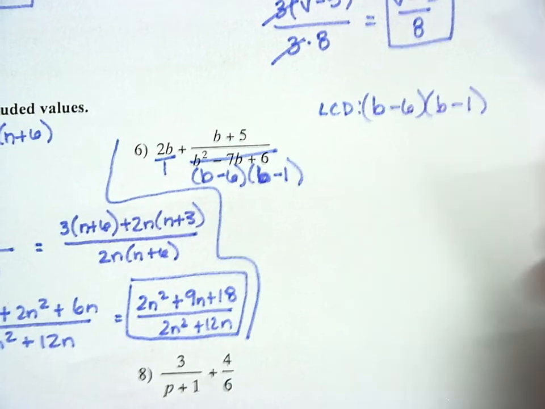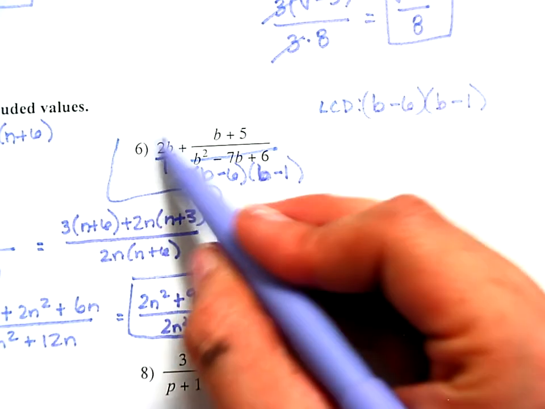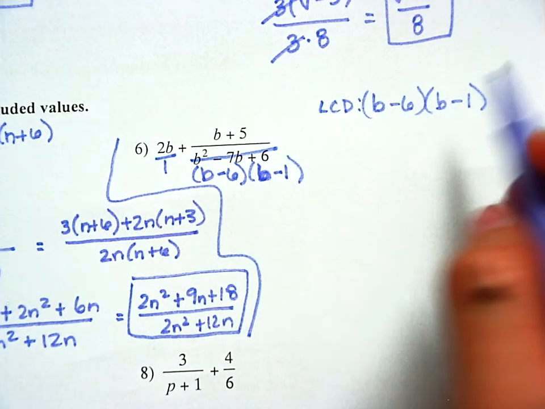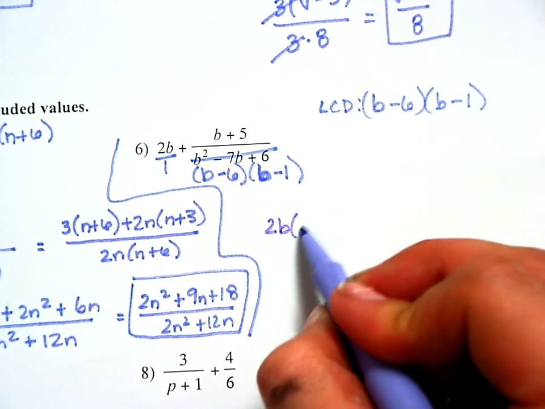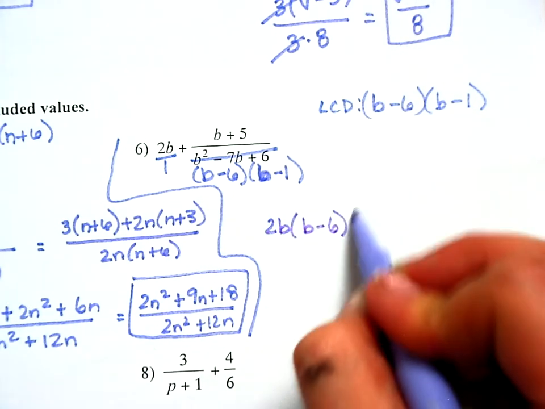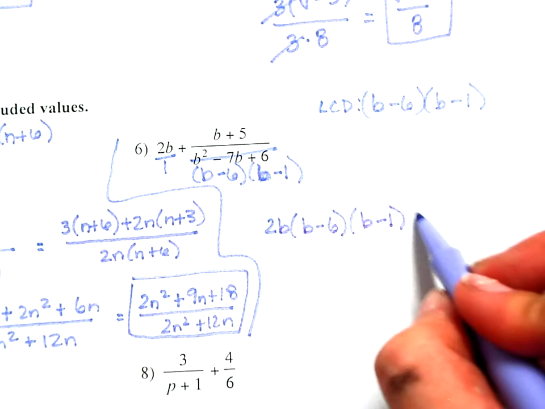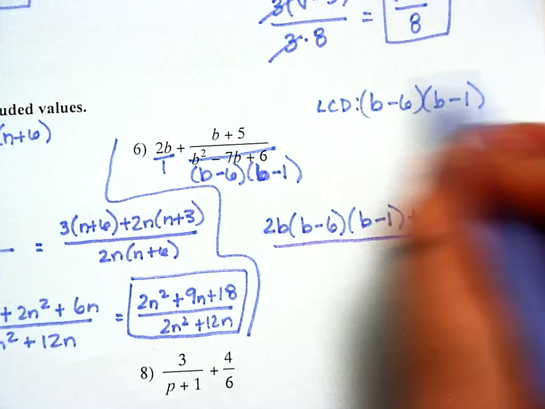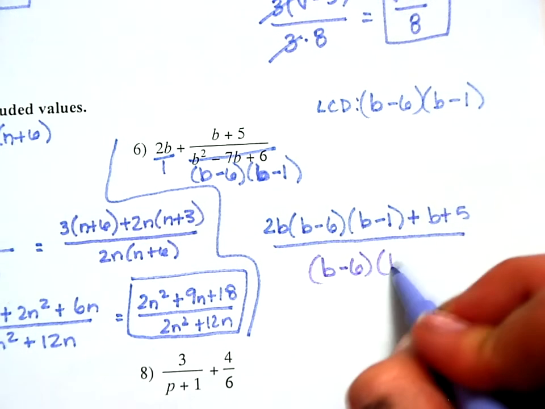Okay, so again, keep this fraction the same, but I am going to multiply this fraction top and bottom by this LCD right here. So that means when I multiply, I'm going to get 2b times (b - 6) times (b - 1), and then don't forget we were adding (b + 5) all over our LCD, (b - 6)(b - 1).